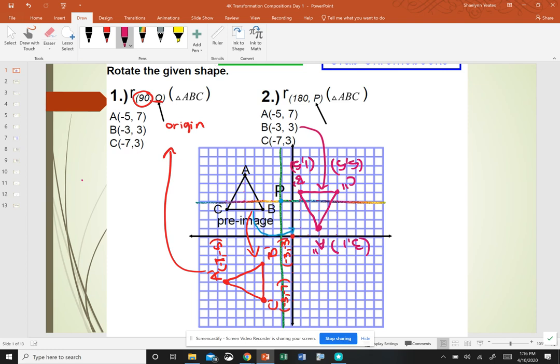Okay. I literally flipped my computer upside down. So A double prime is at 3, 1. B double prime is at 1, 5. And C double prime is at 5, 5.